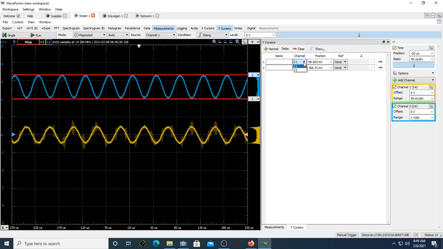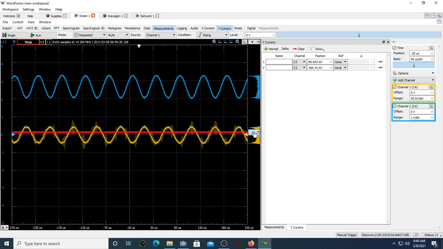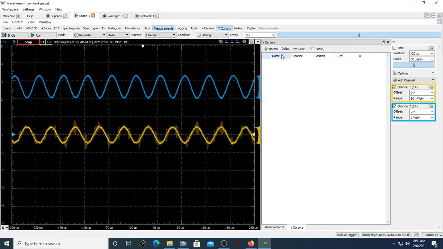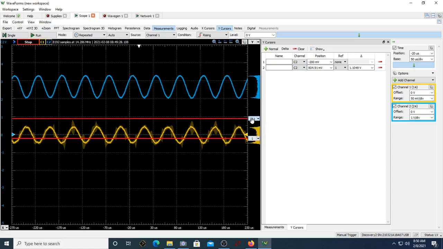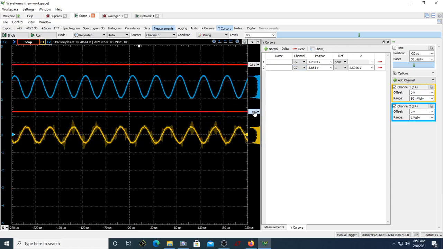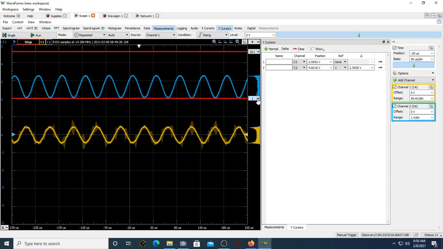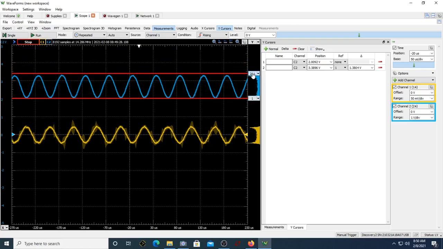I have to select C2 now. This is C2. This should also be C2, so that I am able to, let me clear them. Take one normal, take one delta. The channel should be C2. This should also be C2. Otherwise, it will give you the readings of C1.